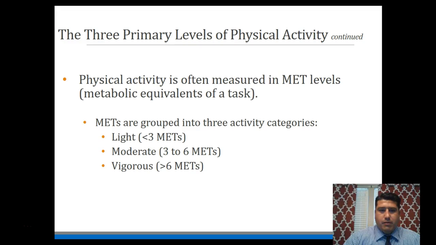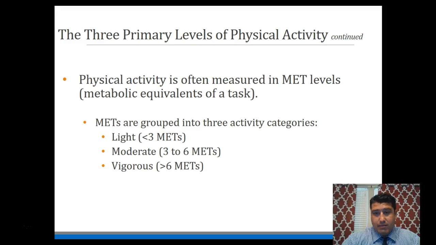Okay, so in the energy continuum, you saw the acronym MET, and what that stands for: metabolic equivalence of a task. So let's say one MET, in order to keep you alive at rest, is all that's needed.